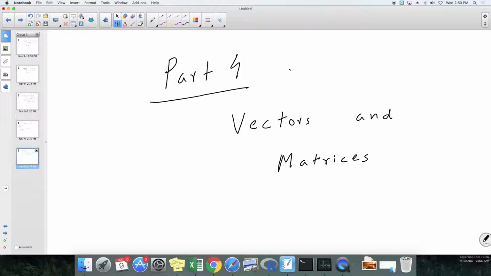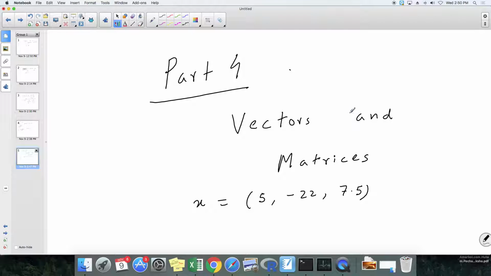So this is something obvious. We have to know how to enter vectors and matrices. For example, consider the vector x equals 5, minus 22, 7.5.